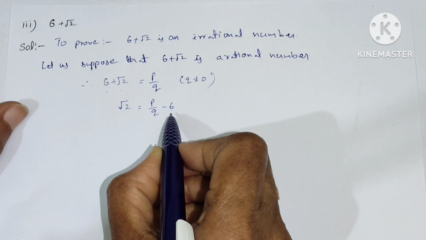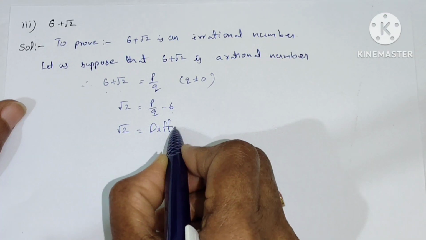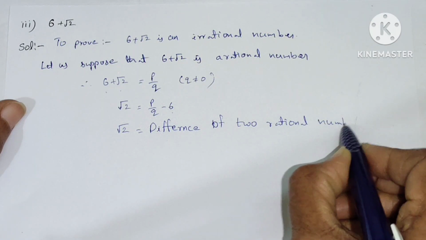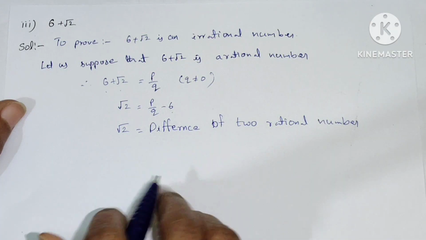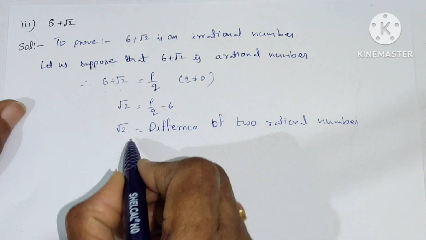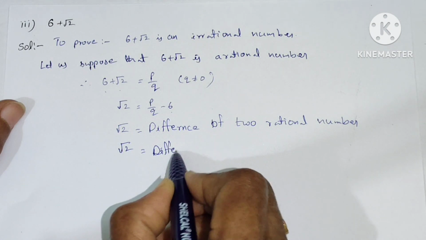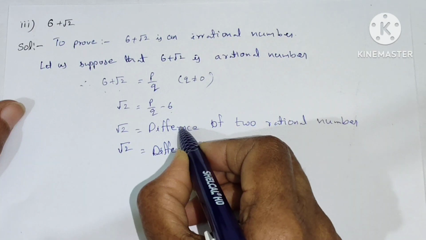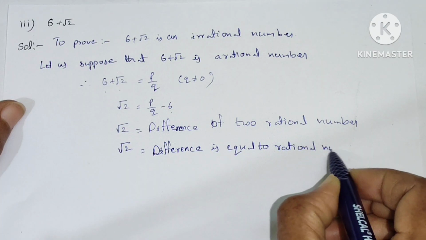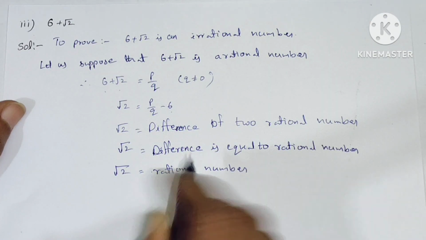These two are rational numbers, and the difference of two rational numbers is a rational number. So root 2 equals a rational number.